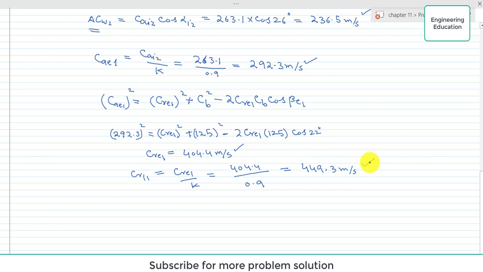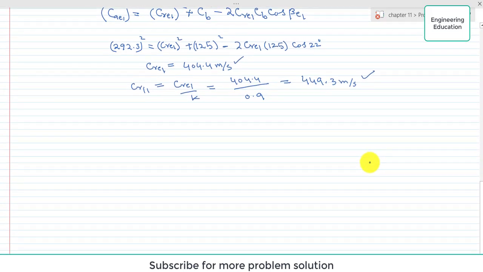Now further, to find CAI1, which is the absolute velocity attained for the stage 1, for that again we will use the cosine law, in which for the triangle CRI1 square is equal to CAI1 square plus CB square minus 2 CAI1 into CB cos of alpha I1.